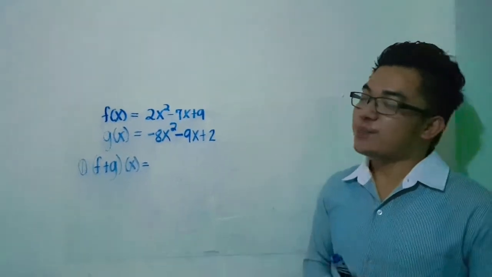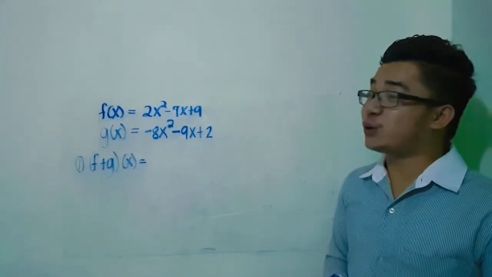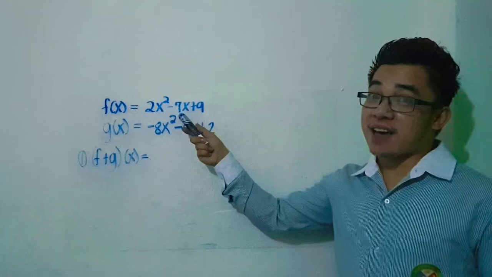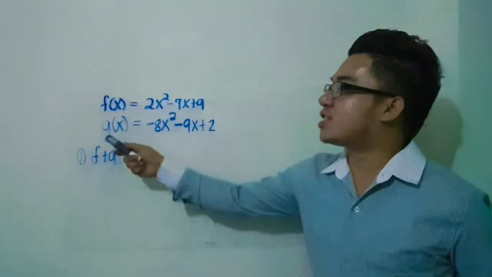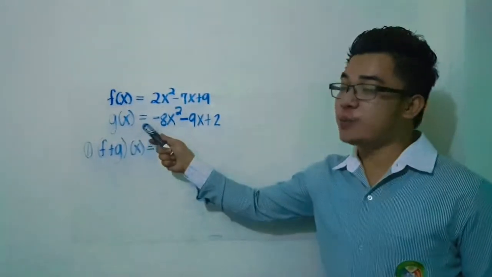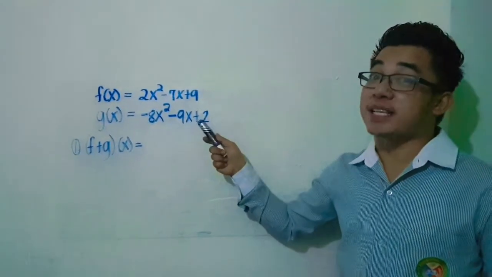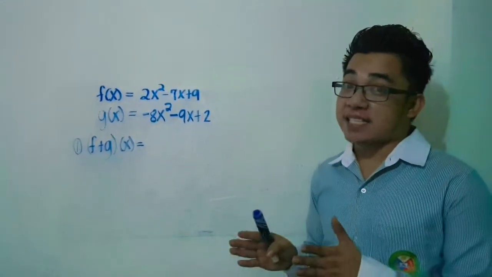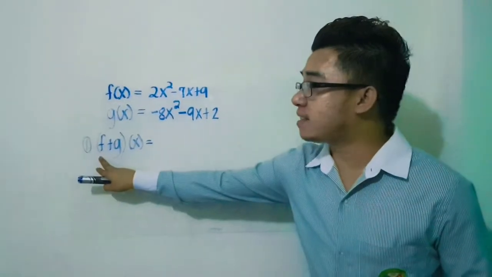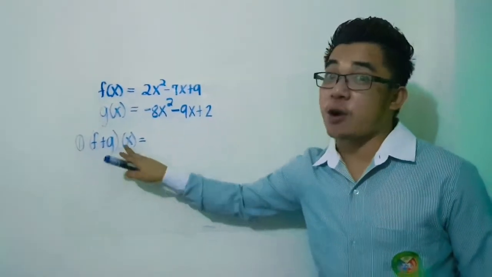Example number 1. f of x is equal to 2x squared minus 7x plus 9, and g of x is equal to negative 8x squared minus 9x plus 2. Then you are asked to perform the quantity of f plus g of x.